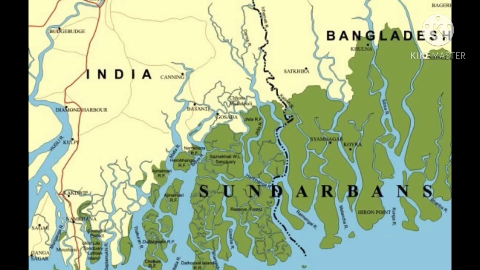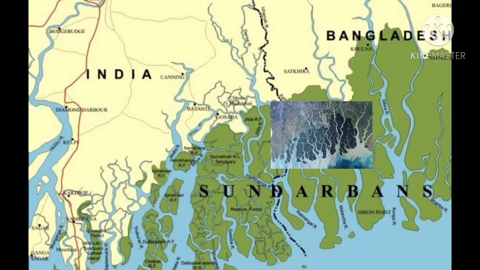Together, they have formed one of the most fertile deltas in the world, known as the Sundarban Delta. Hence, depositional features like floodplains, natural embankments, meanders, and aqueducts are common in these places.